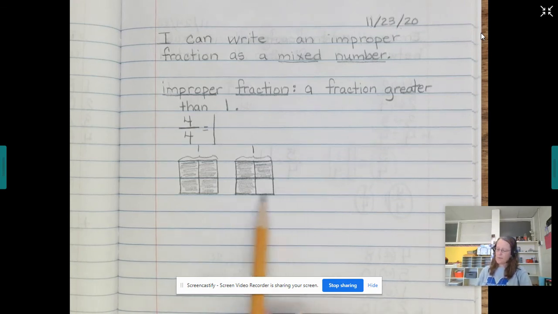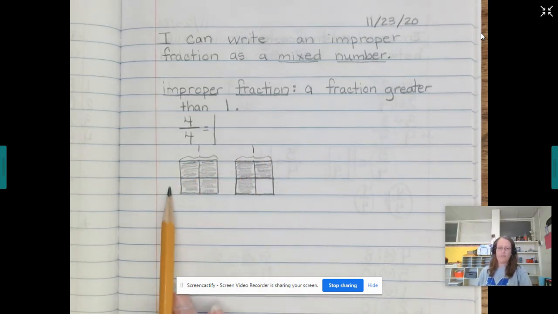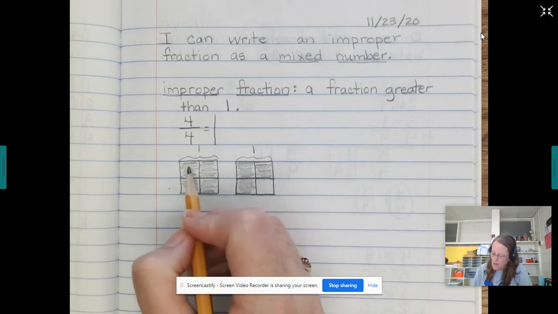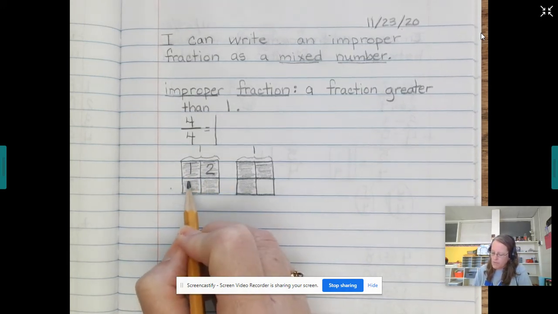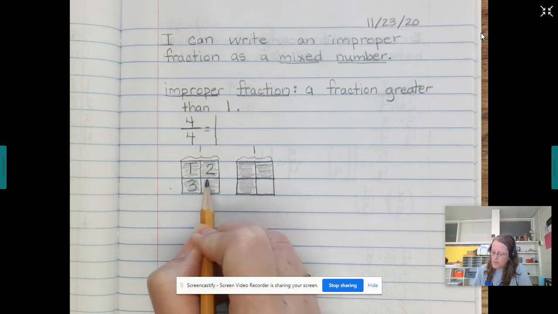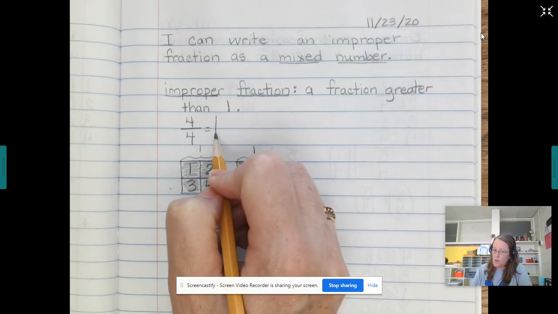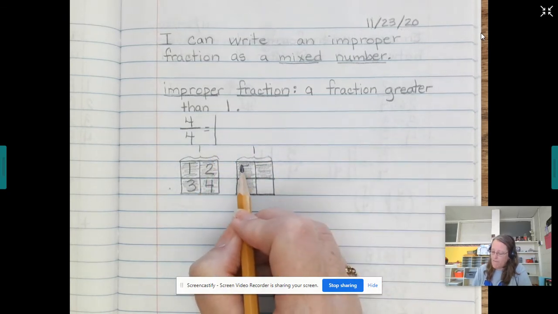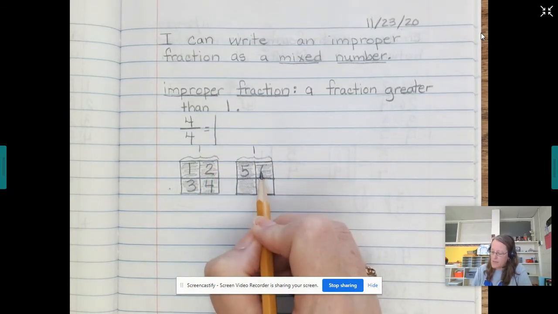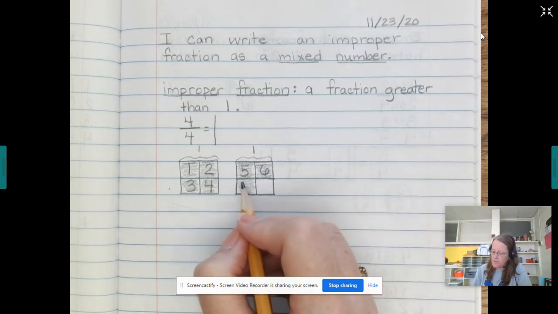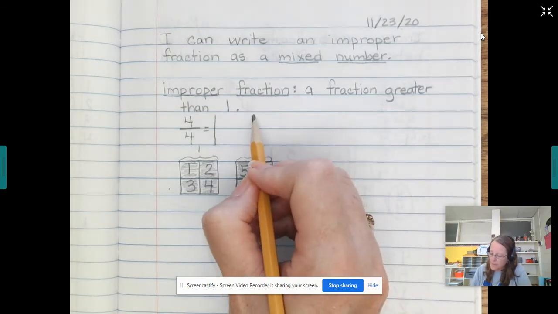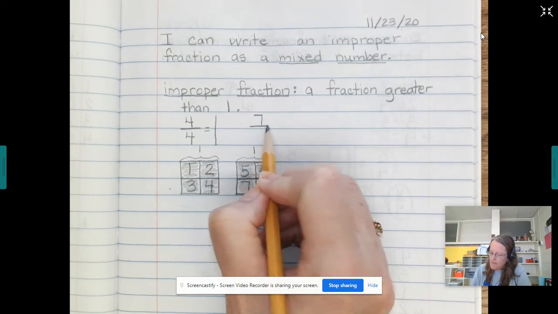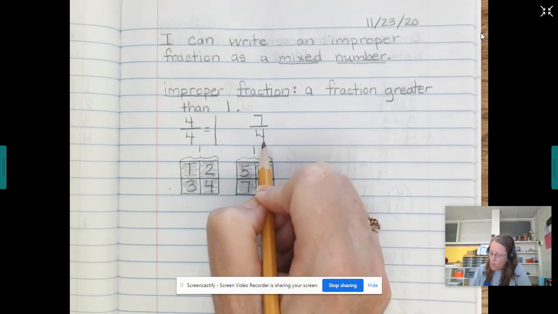I wonder how many fourths I have altogether. 1 fourth, 2 fourths, 3 fourths, 4 fourths. 4 fourths is 1 whole. 5 fourths, 6 fourths, 7 fourths. 7 fourths.